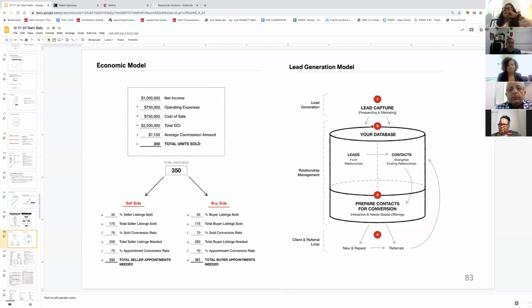The lead generation model is you generate leads 2 ways: through sweat equity, which is cold calling or calling your database, it's phone calls, or you generate a lead from marketing, which is paying for them. Those are the only ways to generate a lead, guys. Praying doesn't work.